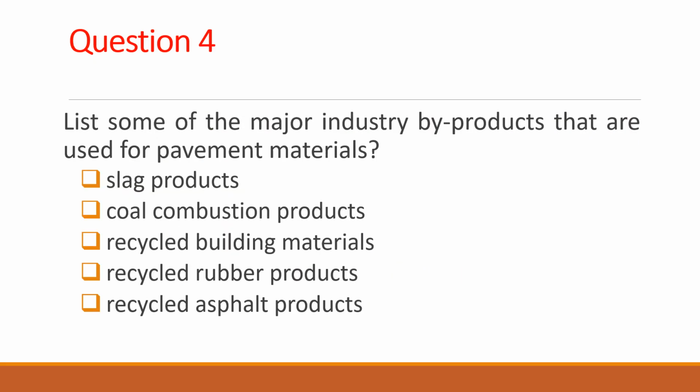And what industry byproducts? Slag products, coal combustion products, recycled building materials, recycled rubber products, recycled asphalt products. We can use them as industry byproducts. So we can reduce the materials that we are taking from the earth. Am I right? Yes. Okay, so that's the end of our 4 questions.